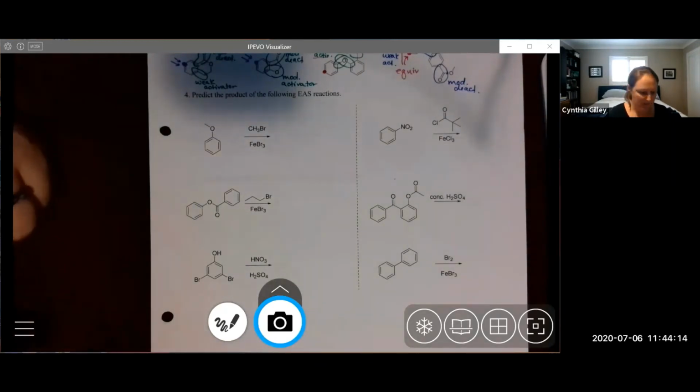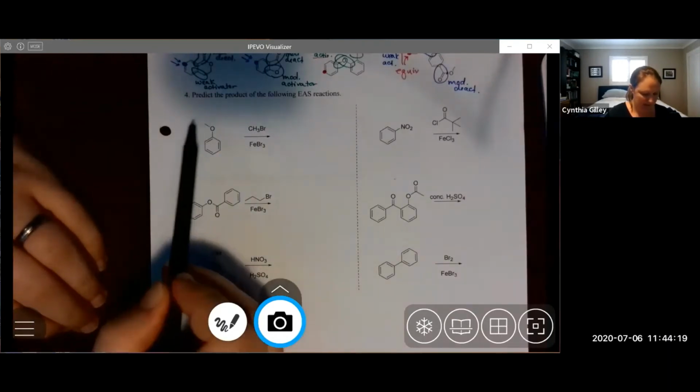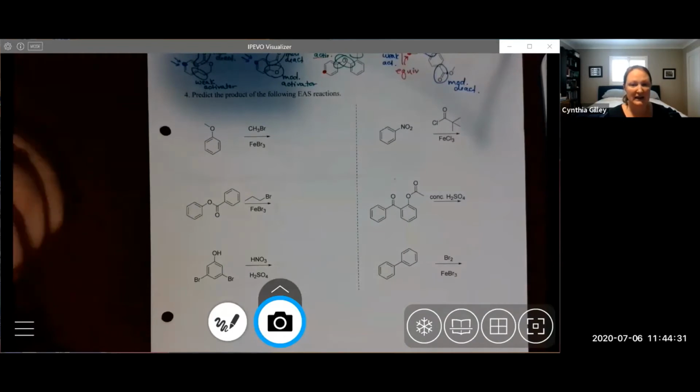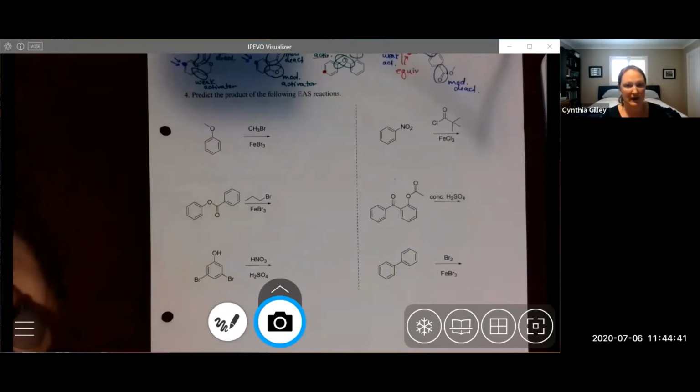Okay, so now we're going to be practicing. Now we have a group, and eventually it's going to be examples with more than one group. So we're going to be figuring out, where does this group go? We still have to pay attention to the fact that anytime it's a Friedel-Crafts reaction or the equivalent of a Friedel-Crafts reaction, like on the first page, you can't do that on a moderately or strongly deactivated ring.